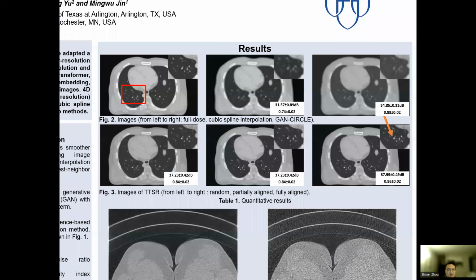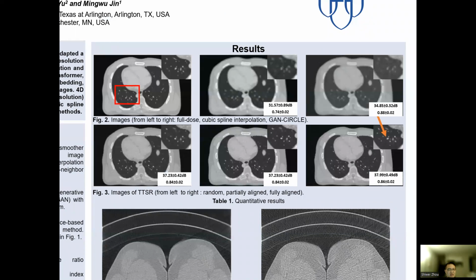Let's go to the network result part. The first one is the full dose one. It's clear, that's the baseline. The second one is the cubic spline interpolation. It's much more blurry. The third one is the CycleGAN output. It has some detail, but it's still blurry. The second row is for the different TTSR reference inputs.